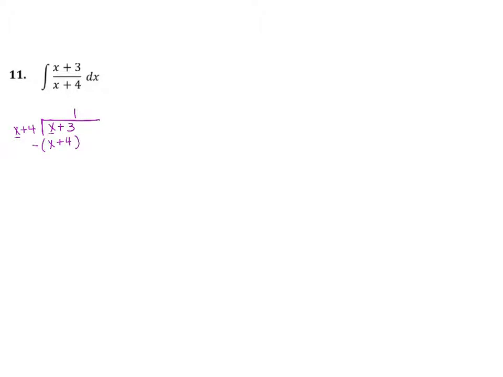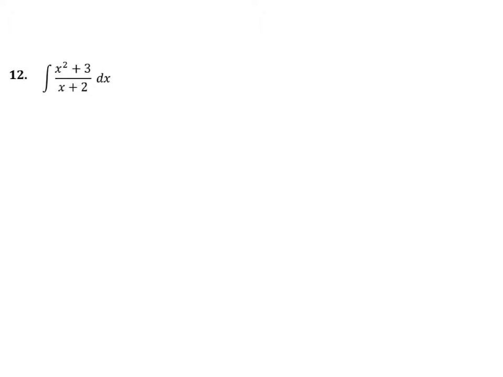And again, I need to subtract that. And so that's going to generate a negative 1. So I can rewrite all of that to be 1 plus negative 1 over x plus 4 dx. And so when I integrate that, I'm going to have x minus the natural log absolute value of x plus 4, and then plus c.